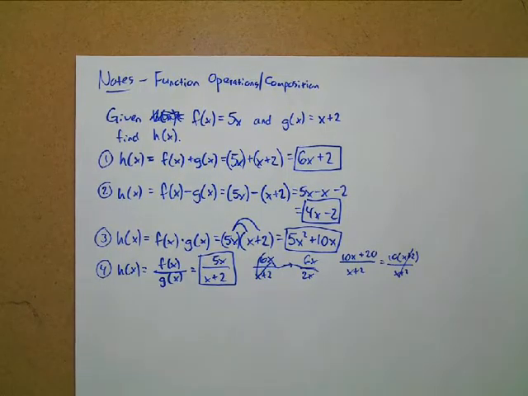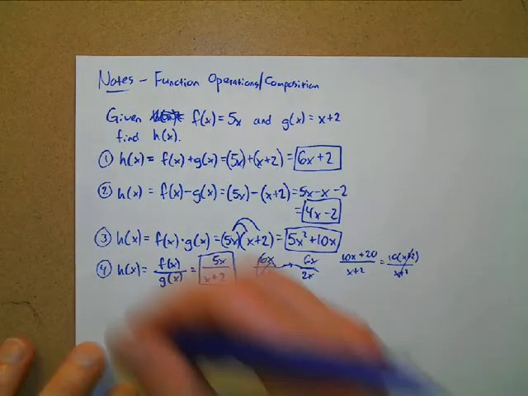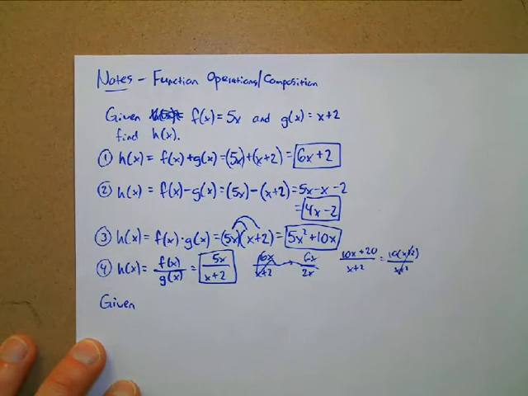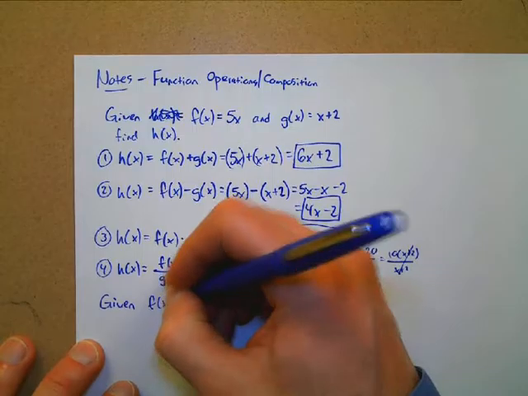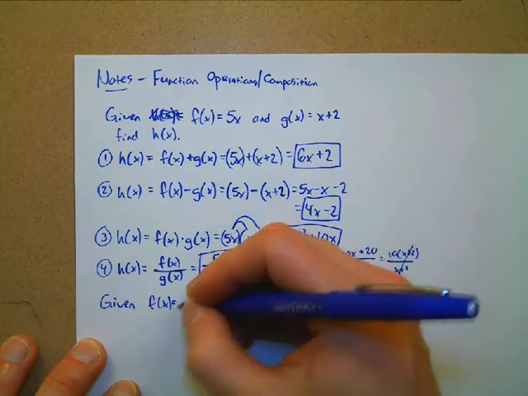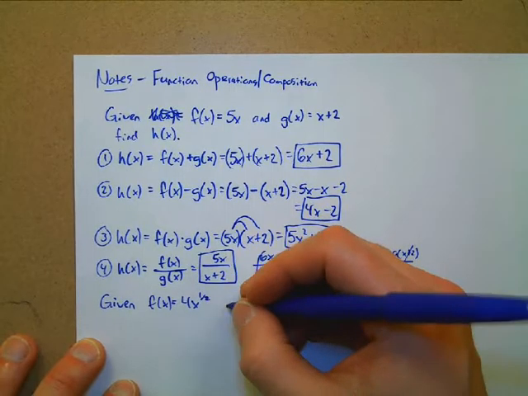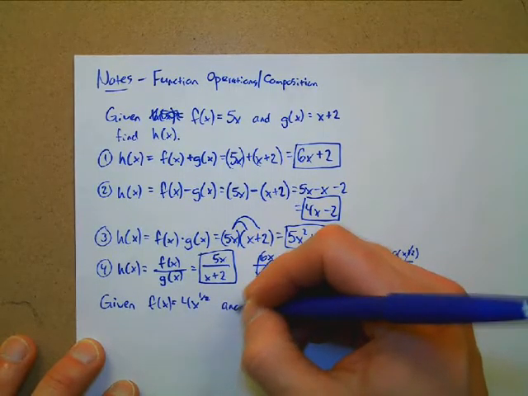Okay, so let me have you guys try some here. Given f of x equals 4x to the 1/2 power, and g of x equals negative 9x to the 1/2 power.